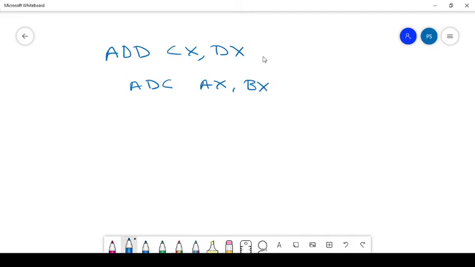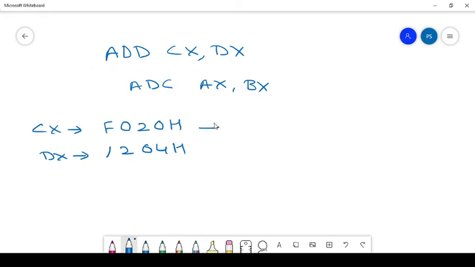For example, CX is F020H, for simplicity, and the DX content is 1204H. So this instruction adds the content of CX with the content of DX.